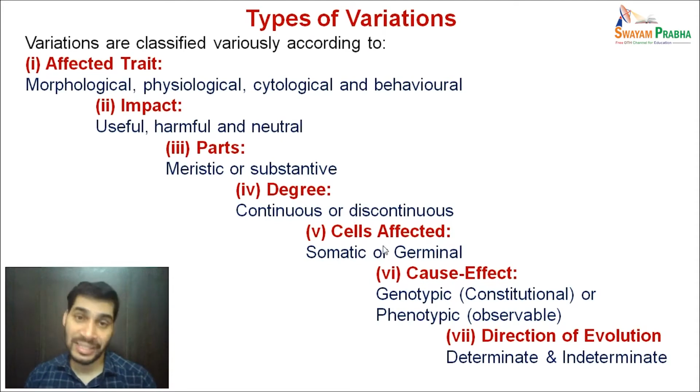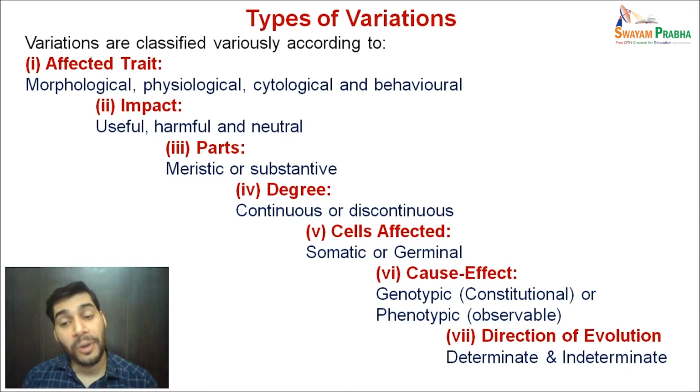Depending on the cells which are being affected by variations or the changes, there can be a somatic variation in contrast to germinal variation. Then further, if you see the cause and effect kind of relationship, there can be genotypic variations which are constitutional in nature, or there can be phenotypic variations which are nothing but the observable changes.